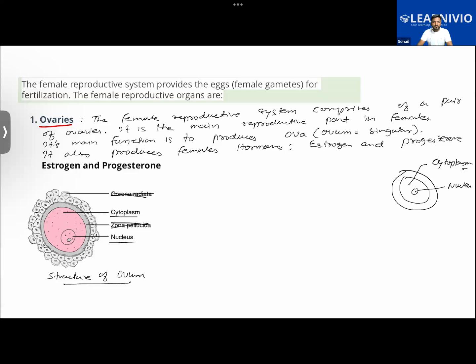In the male body, testosterone is responsible for bringing changes at puberty. When a boy reaches puberty, there are several changes in his body: growth of hair under the armpit, growth of muscles, growth in height, change in voice, growth of pubic hair. All that is because of testosterone.